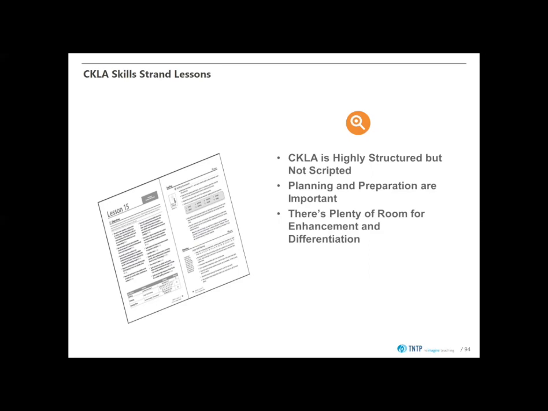There's plenty of room for enhancement and differentiation. There are activities and optional assignments. Work with the remediation and assessment guides to ensure that students are making progress along the way, and make this work exciting for students. As we learned in the beginning of this session, it is vitally important that students are reading on grade level by the end of grade 2, and this charge belongs with you.